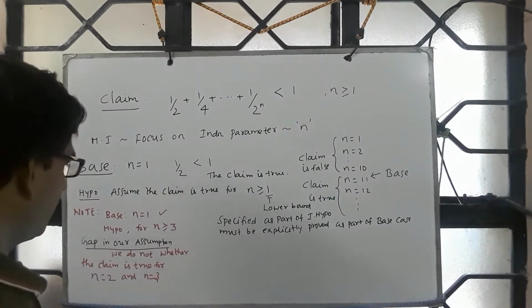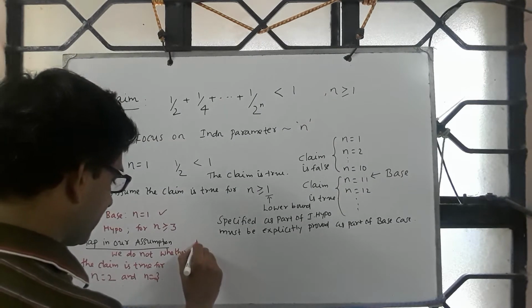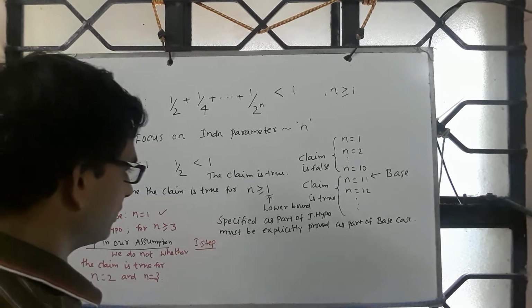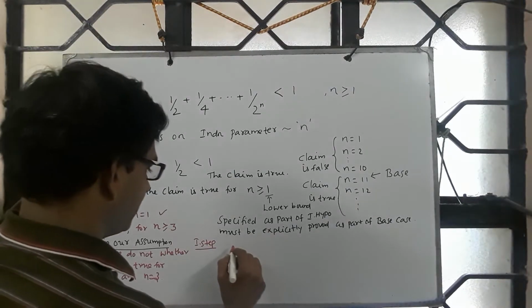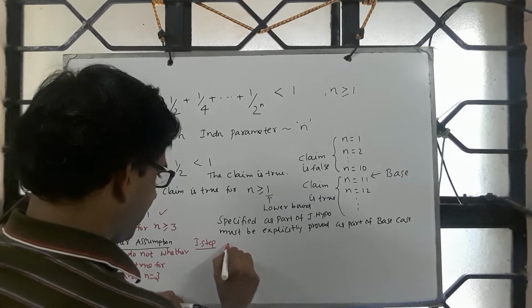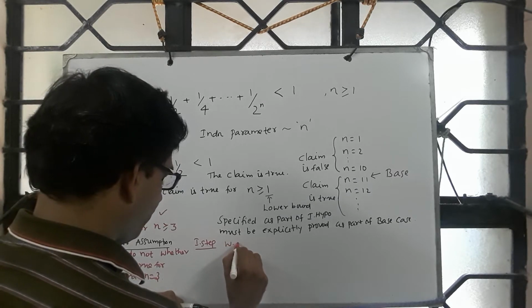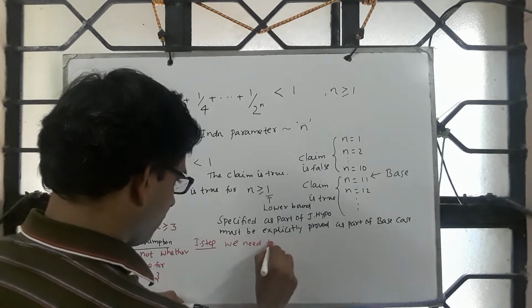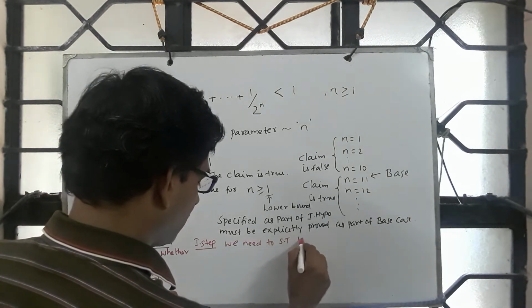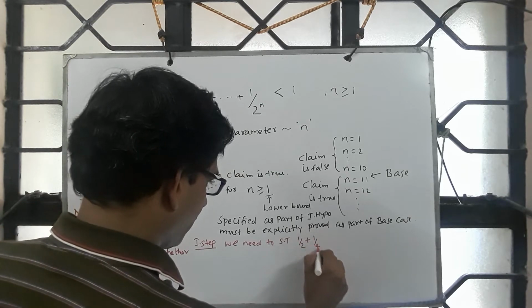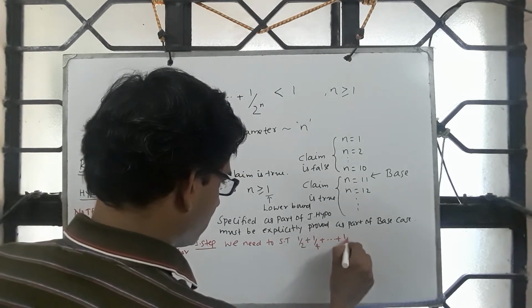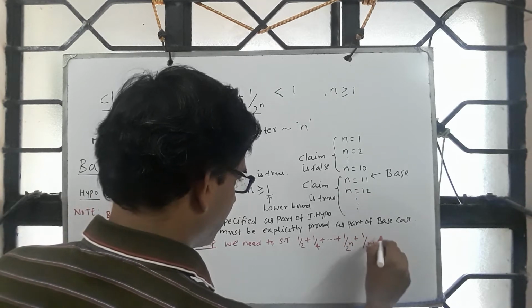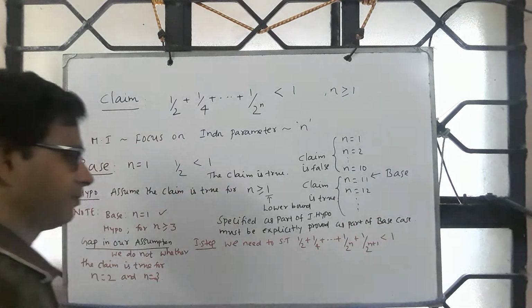Okay. Now we have the induction step. So as part of the induction step, we need to show that 1 by 2 plus 1 by 4 and so on to 1 by 2 power n plus 1 by 2 power n plus 1 is strictly less than 1.